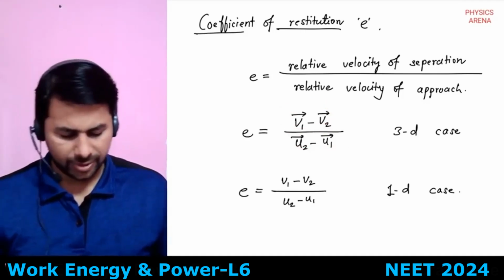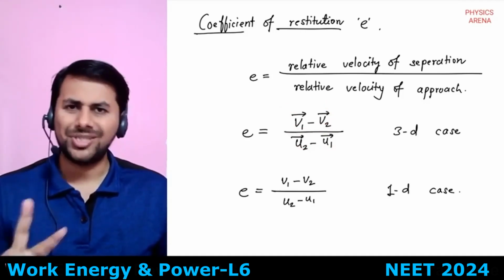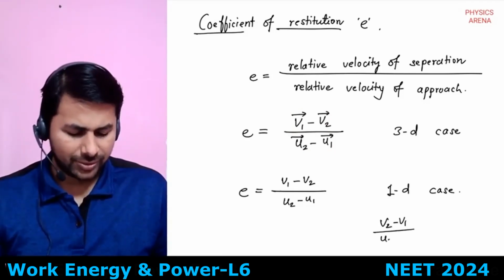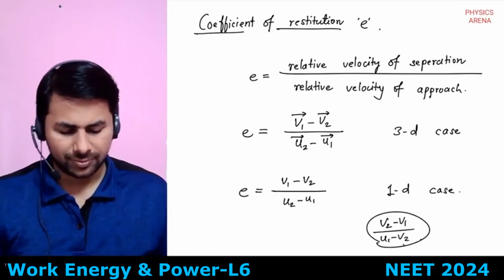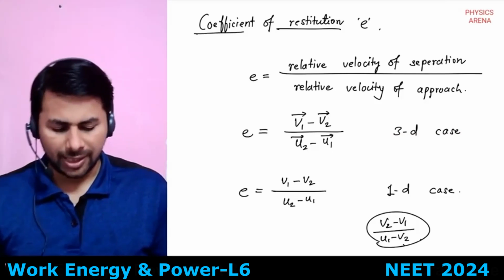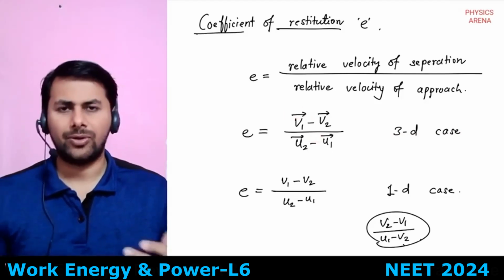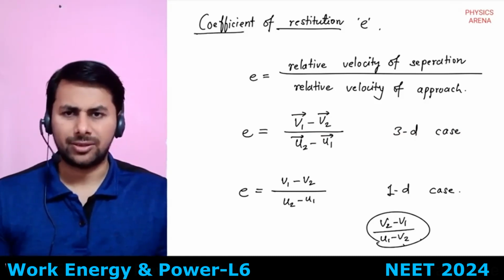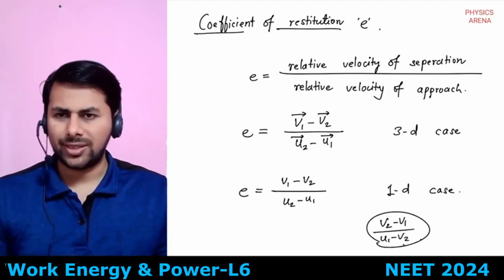If you change the numbering of the bodies, it will be v2 minus v1 divided by u1 minus u2. For the 3D case we denote it by vectors, and for the 1D case you just take v1 minus v2 upon u2 minus u1. So is this quantity clear?